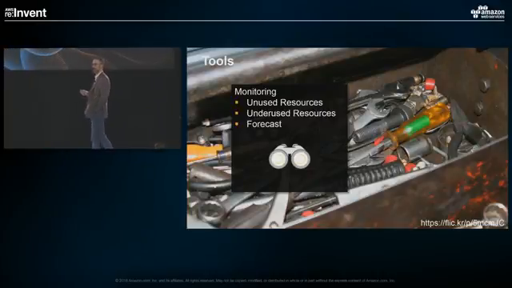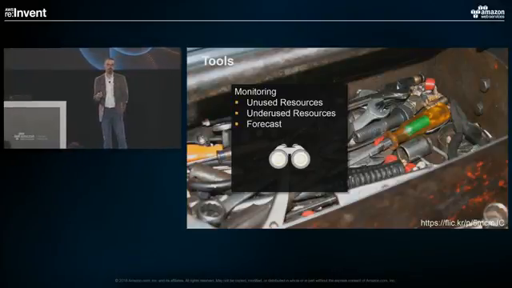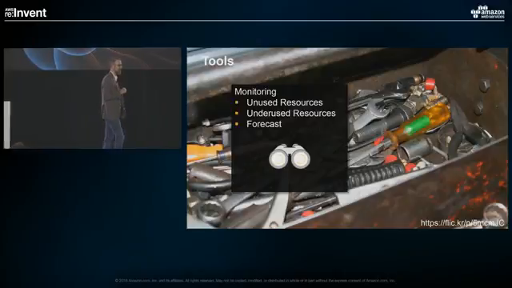Look for those unused resources, right? It's simple. Turn it off, delete it, right? Look for underused resources and resize them, right? Or right-size those instances. Keep an eye out for new design patterns, right?